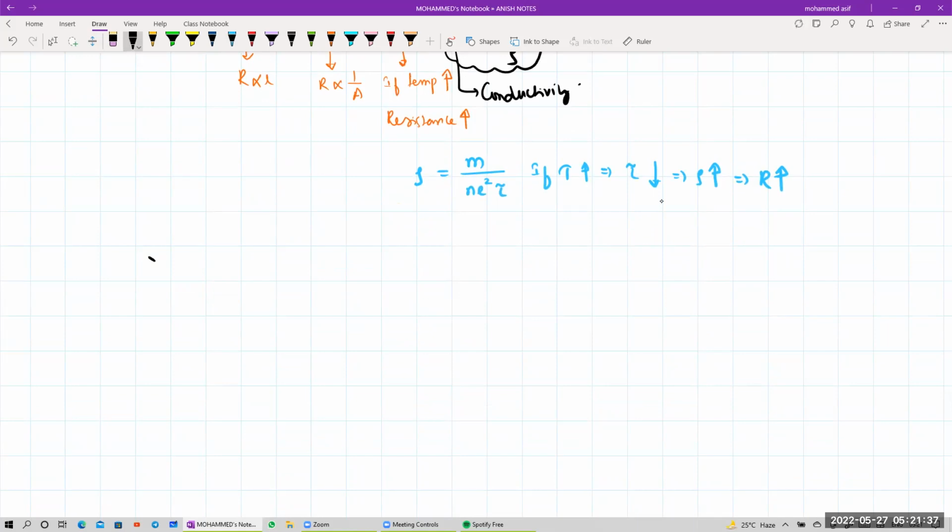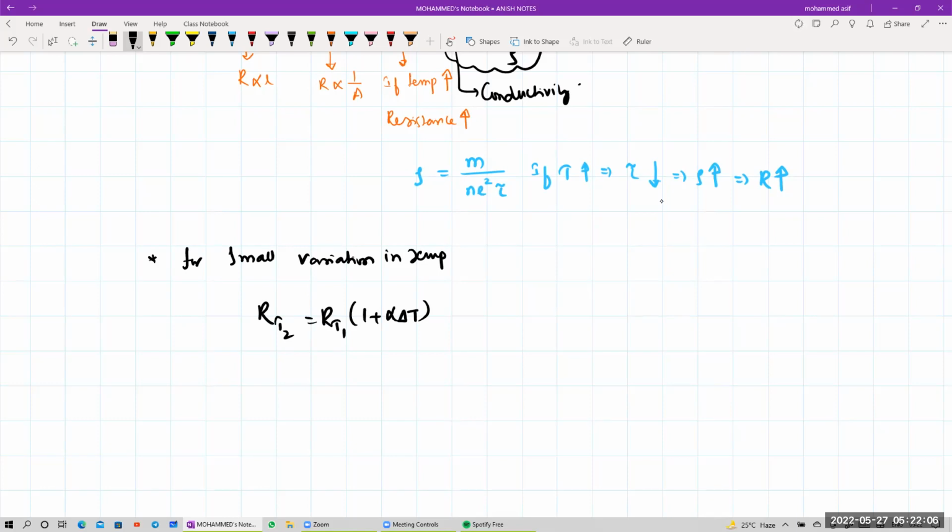And this is a very important formula for small variations in temperature. When temperature changes, how does the resistance change? Resistance at temperature T2 is equal to resistance at temperature T1 into 1 plus alpha into delta T, where alpha is the temperature coefficient.